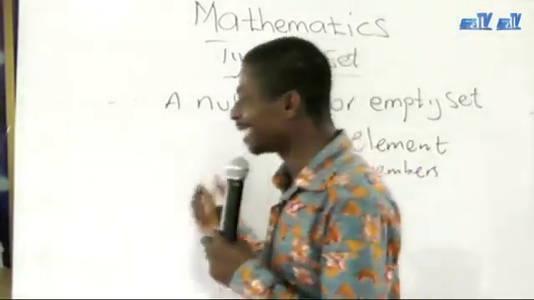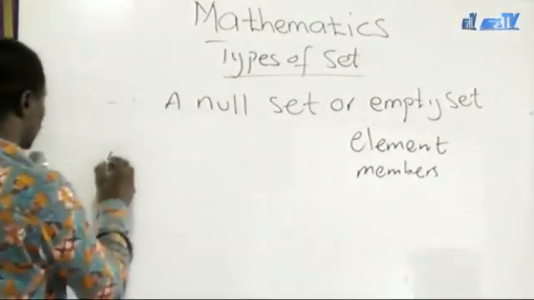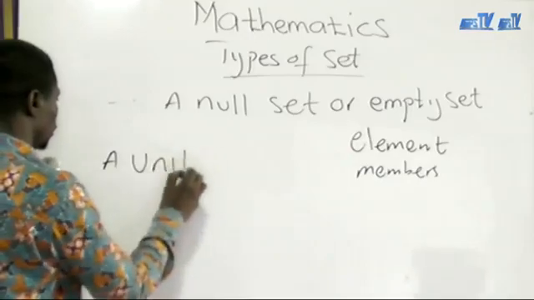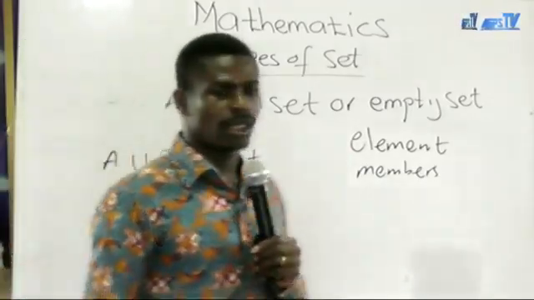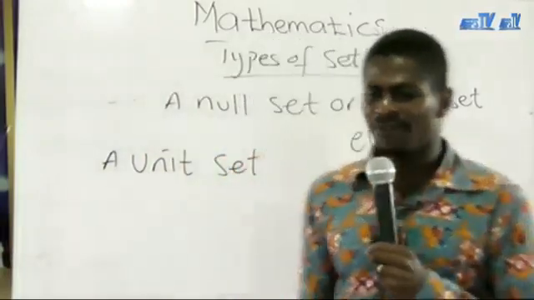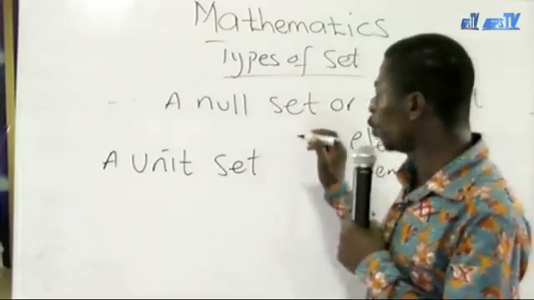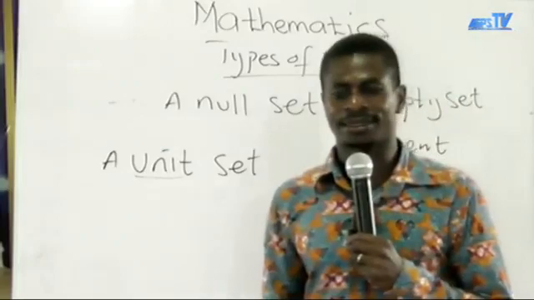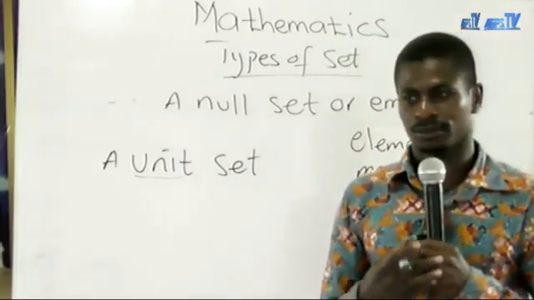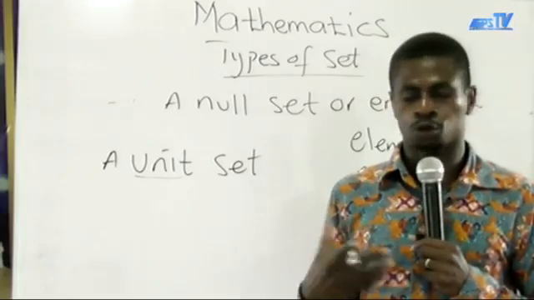Then aside from a null set, we also have a unit set. Now, even if it is not math, when you come across the word unit, it simply depicts one and one only. When we say bi, we are talking about two.